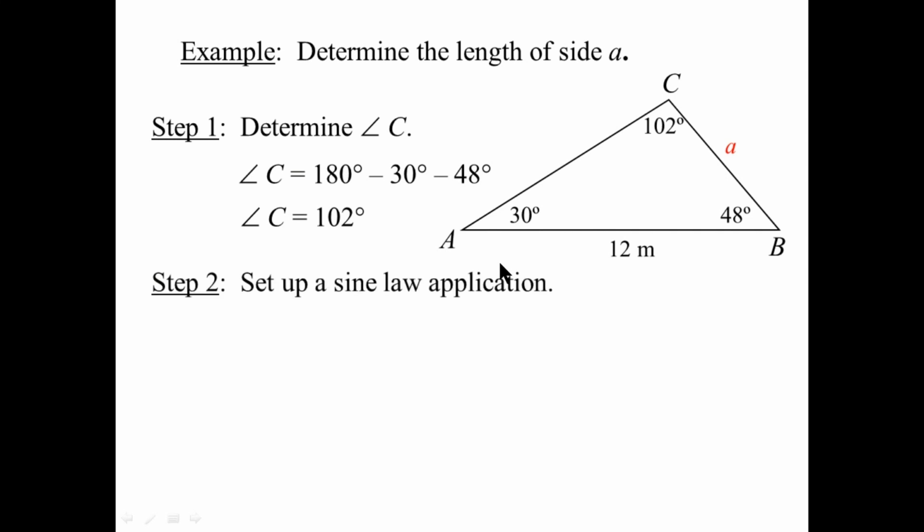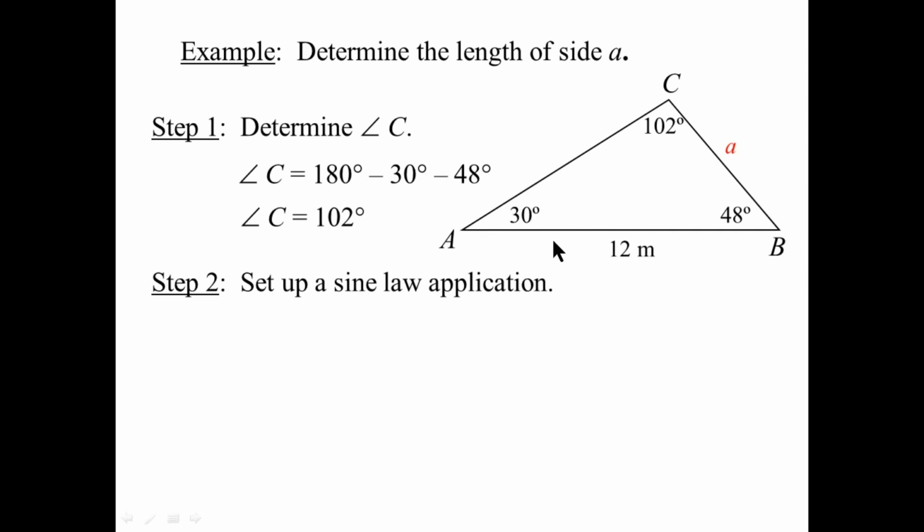Step 2, set up a sine law application. This may be the hardest part. Remember, it's a over sine A equals b over sine B, so we could start with our unknown, a over sine of the angle opposite.